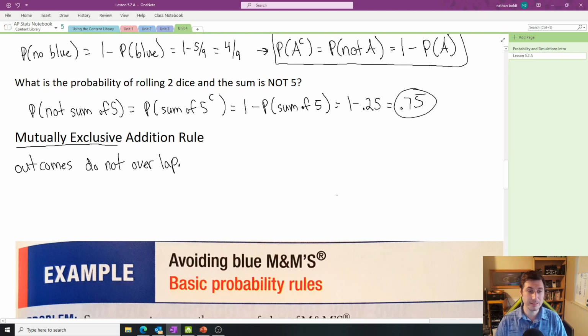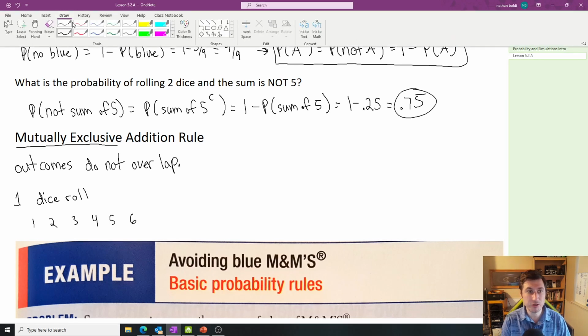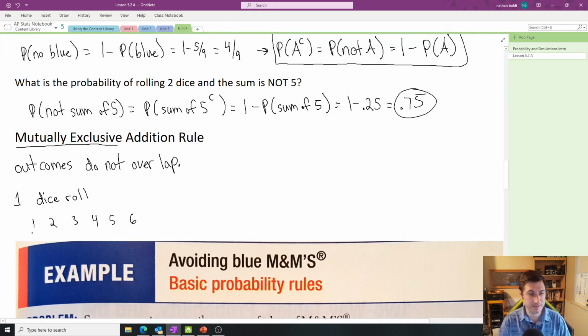Okay, so take one dice roll. All right, imagine one dice roll. We could roll either a 1, a 2, a 3, a 4, a 5, or a 6. And for each one of those, we have a 1/6 chance, right? It's a dice roll. 1/6, 1/6, 1/6.